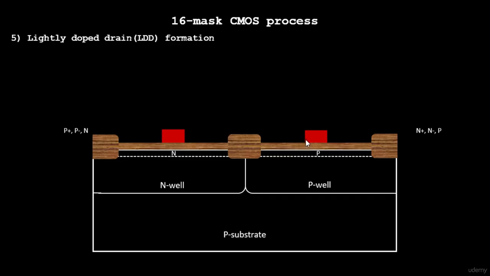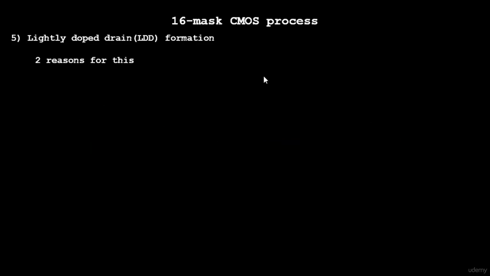So we'll introduce boron over here. Boron is a p-type material, and we use it with a low energy. The energy that we used for the formation of the p well was higher than this one, because we wanted the boron to penetrate through the thin oxide right into the substrate. But in this case, we want the boron to be just at the surface.